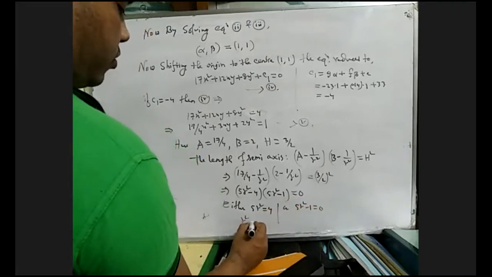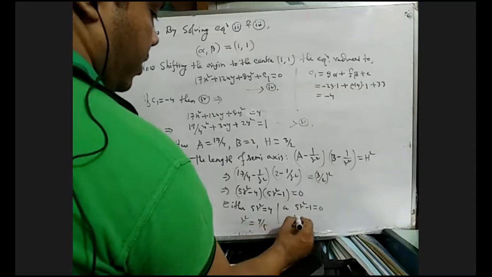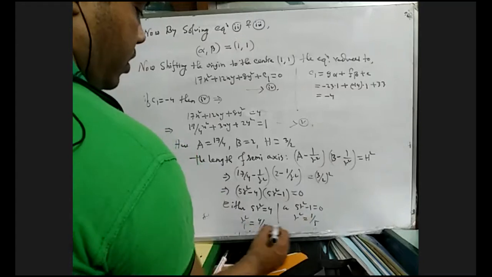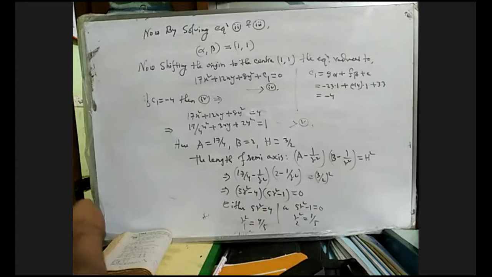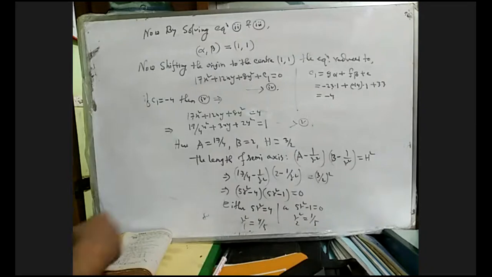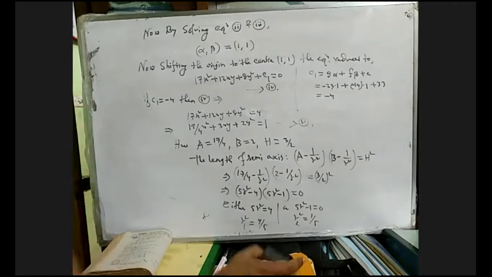That means r square equals 4 by 5, and here r square equals 1 by 5. This is the r1 square and this is the r2 square. Considering the bigger one as major and the smaller one as minor.